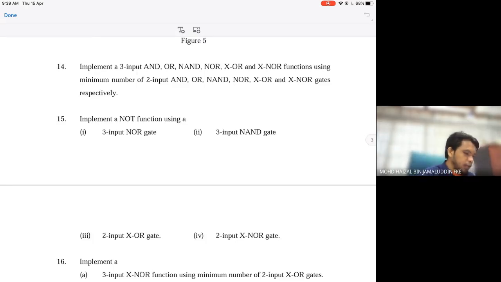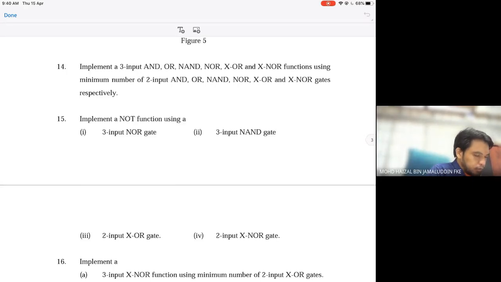Implement a 3 input AND or NAND, NOR, XOR, and XNOR function using the minimum number of 2 input AND or NAND, NOR, XOR, and XNOR gates respectively. So for 14A, you have the 3 input AND. You need to implement the 3 input AND by using AND or NAND, NOR, and so on.